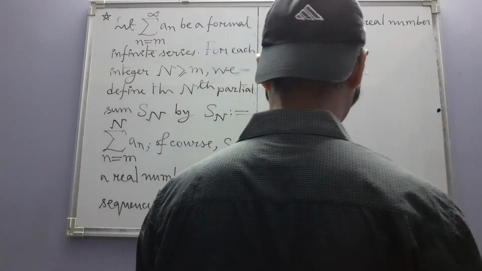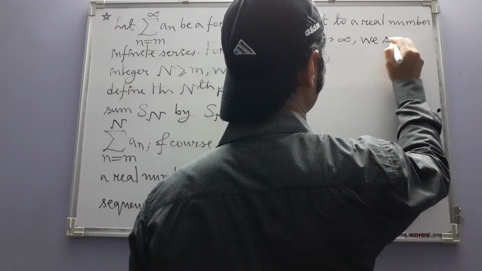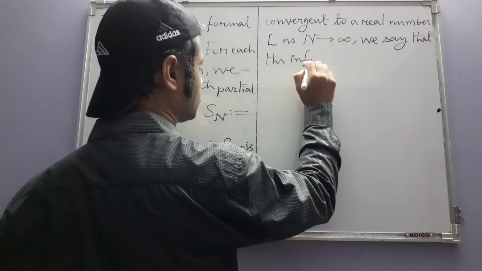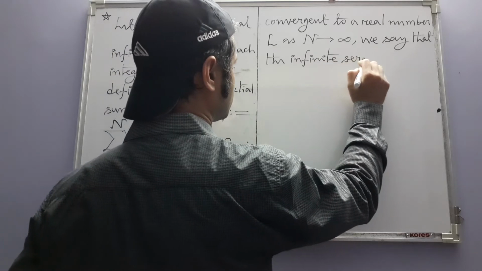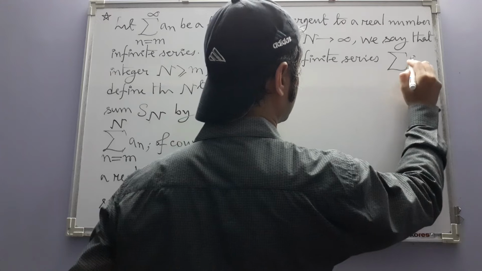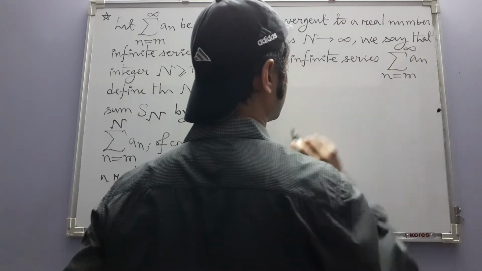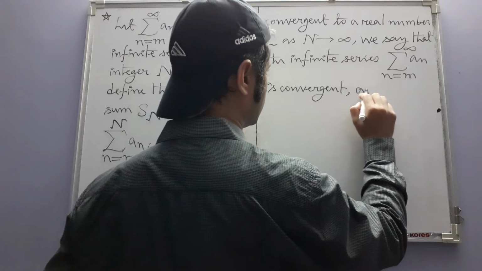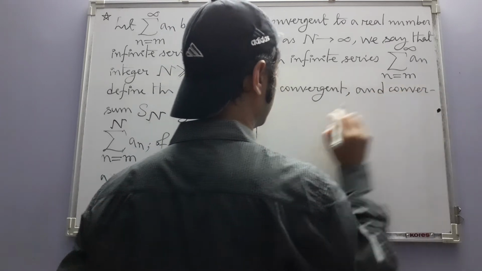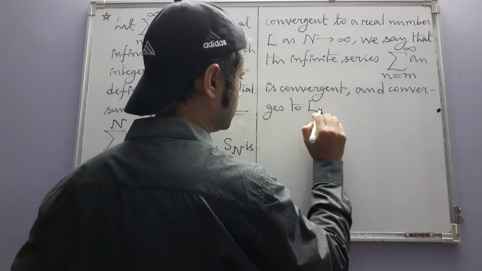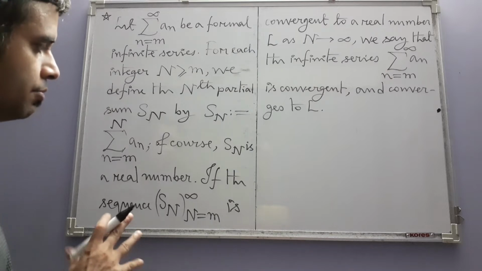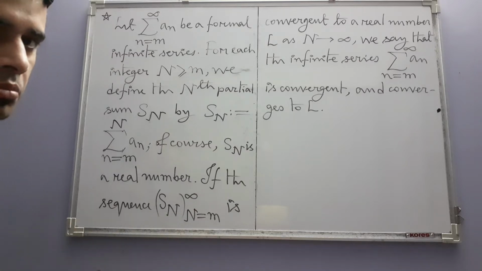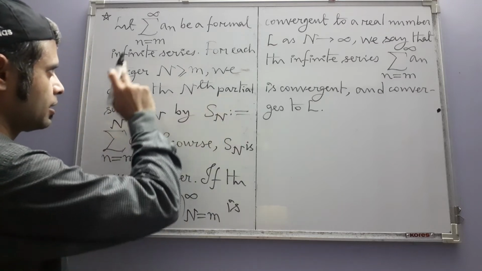The infinite series is also convergent and converges to L. We say that the infinite series is convergent and converges to L. So that means we see that the convergence of an infinite series is just the convergence of a sequence of real numbers whose terms are the partial sums of the original series.